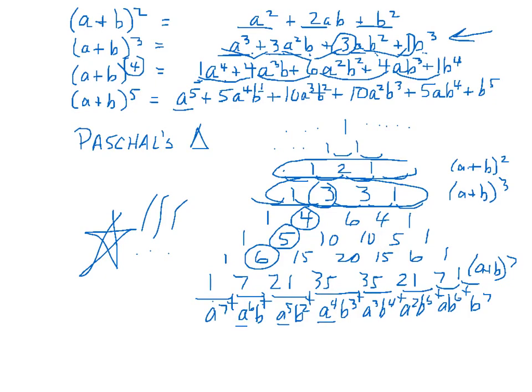Okay, remember back here when we're raising to the fourth power, Pascal's triangle gives us 1, 4, 6, 4, 1. So let's go back now to the other slide.